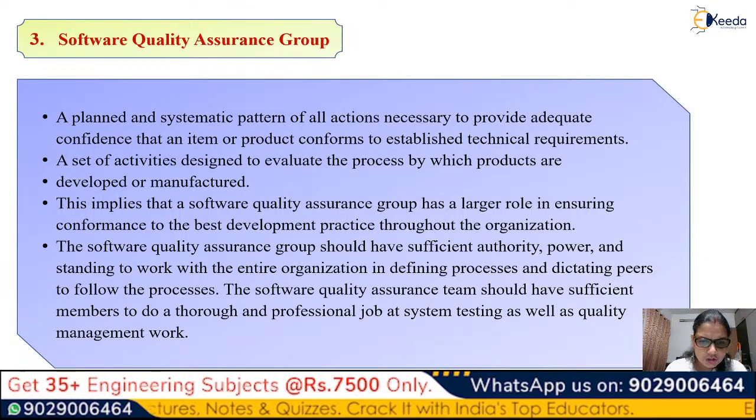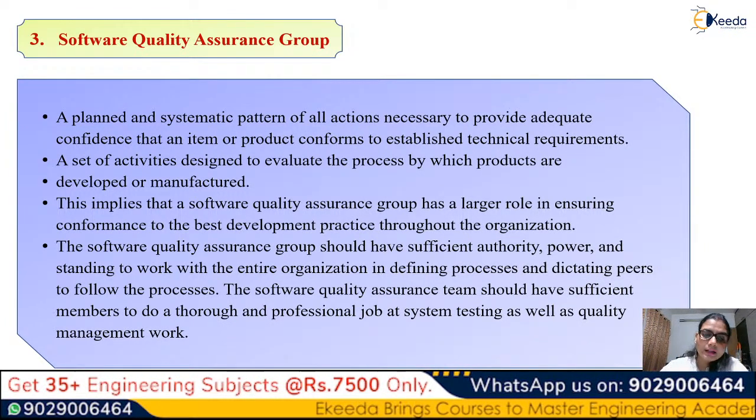The Software Quality Assurance Group has sufficient authority, power and standing to work with the entire organization in defining the process and directing peers to follow the process. How do they do it? The first thing is that they are always concerned with the technical requirements.